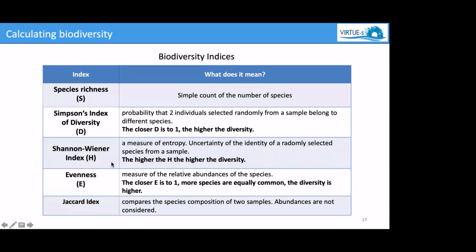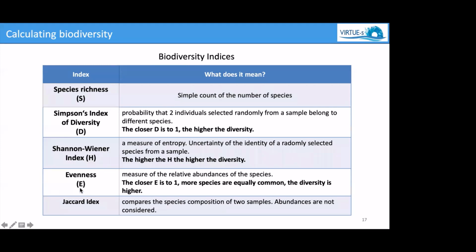The Shannon-Wiener index is a measure of entropy. It is a measure of the uncertainty of the identity of a randomly selected species from a sample. Again, I'll show you how this is in a picture later on. And the higher the H, the higher the Shannon-Wiener index, the higher the diversity.